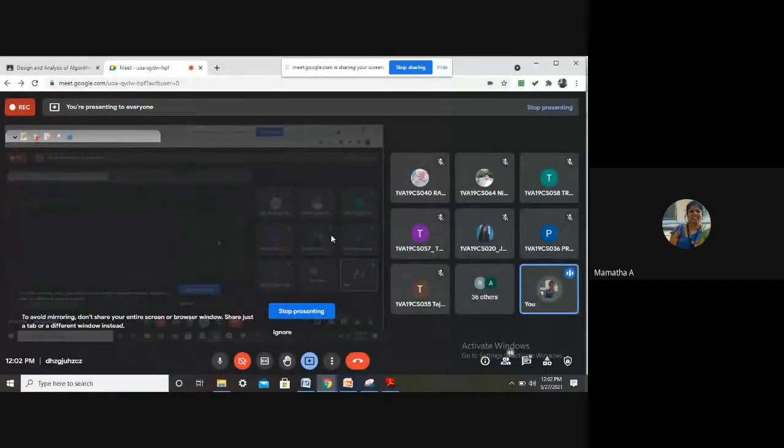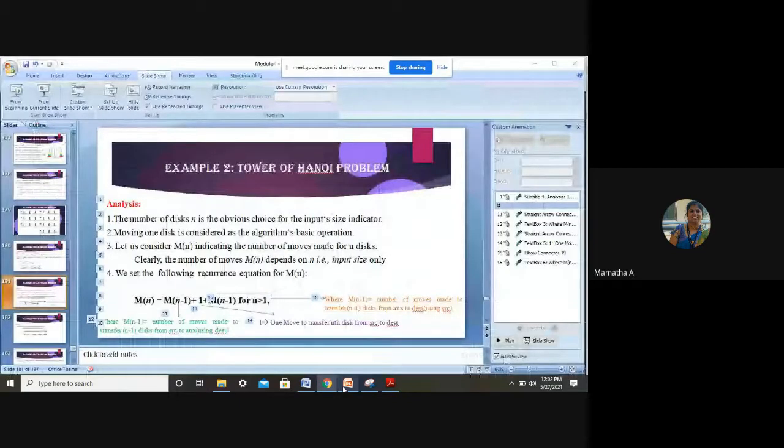It is the number of moves made to move the n minus 1 disks from source to auxiliary peg using destination. Very good. Okay, so let me continue.